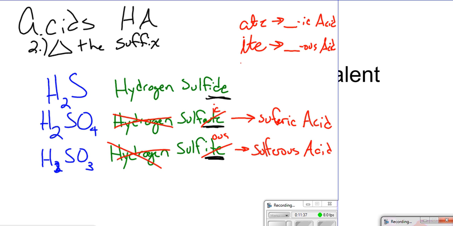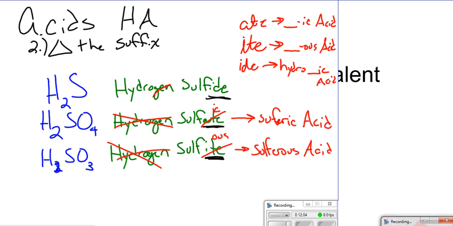And then there's the odd one out. When you have a binary acid, where it's just hydrogen and one other capital letter, it means it ends in "ide." When you have it ending in "ide," you actually keep part of the hydrogen. Change it to hydro, then the root, then ic acid.